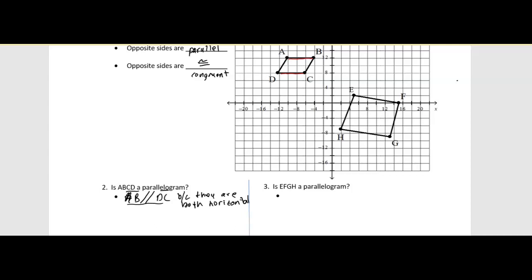The other ones require a little bit of work. So now we have to look at BC, which would have to be parallel to AD. So that we're going to have to do a little bit of work, but if you understand parallel, we have to have the same slopes. So if I'm going to go from D to A, I would go up 1.